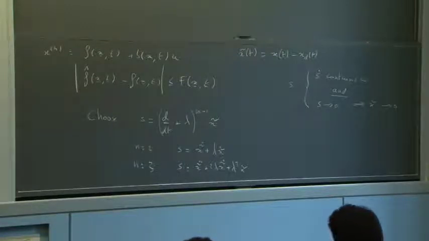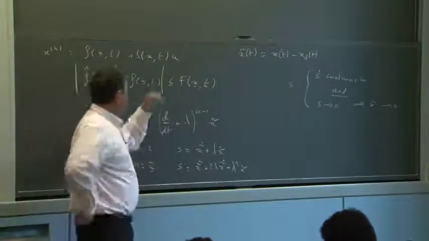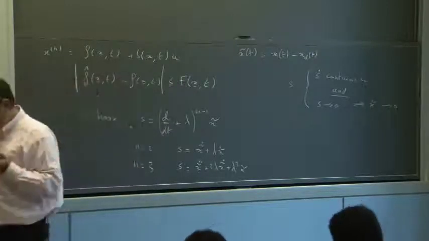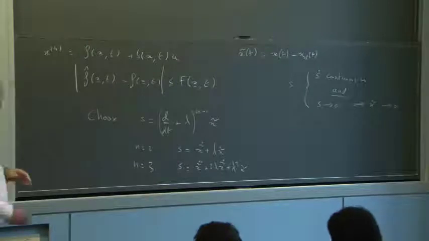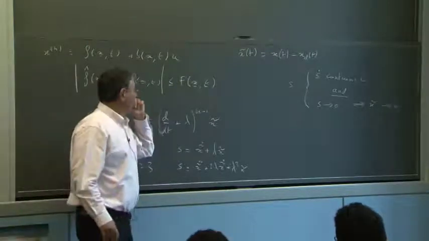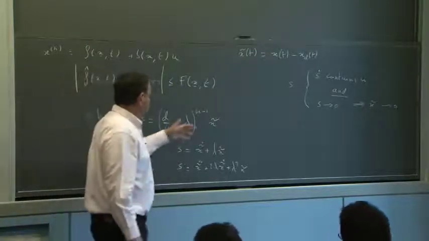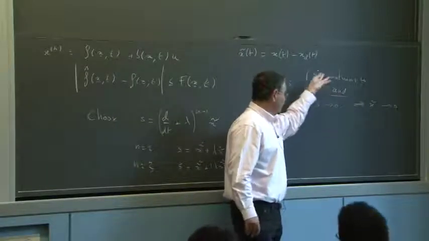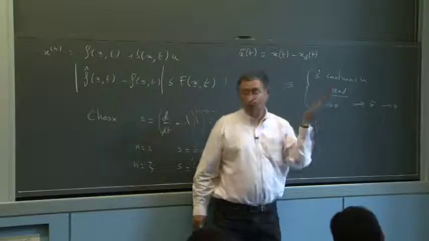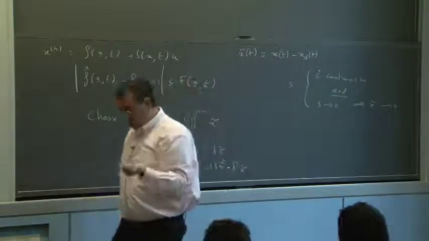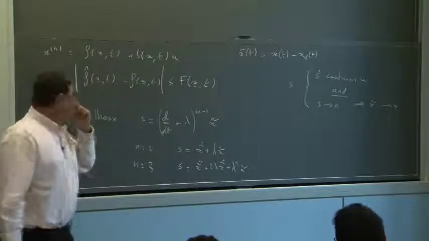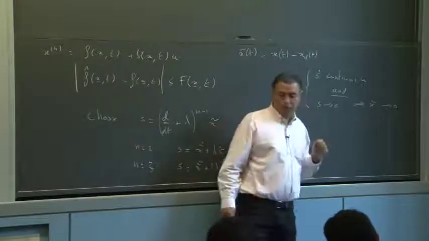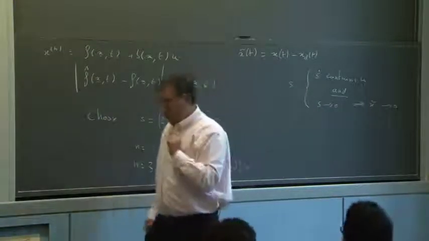So by choosing S this way, based on a stable linear differential equation, then we could guarantee that we satisfy these two properties. Basically, we've replaced our original nth order control problem by a first order control problem. And at the same time, we guarantee that if we solve that control problem, we have solved the original problem.